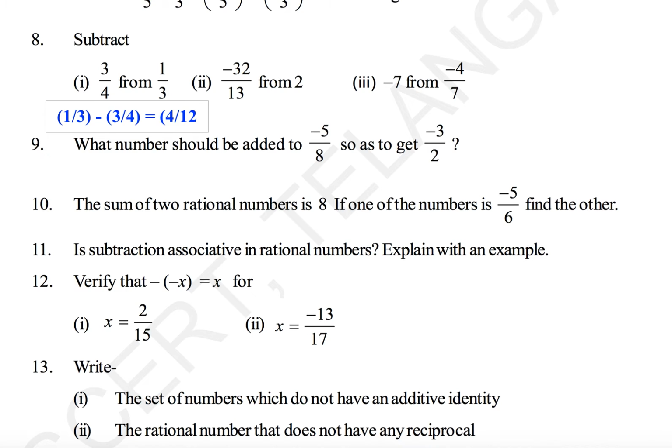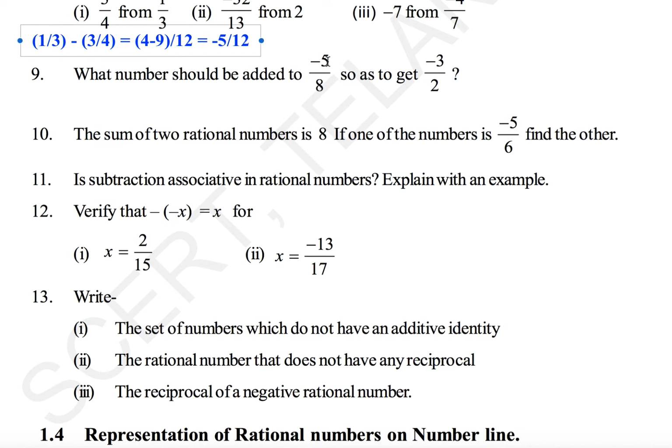This part is 3, that other part would be 9. Nothing but minus 5 by 12. This is correct. Others you can do similarly.